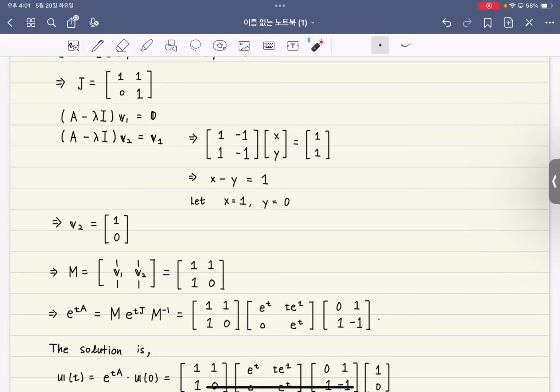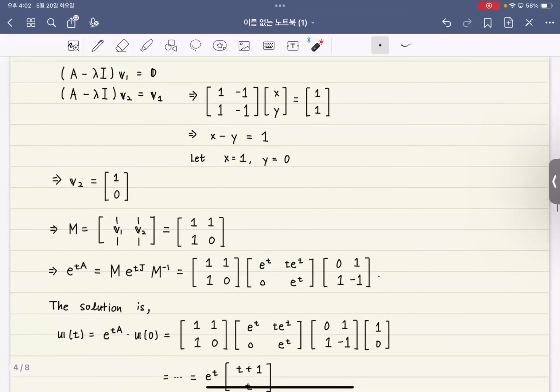So probably this is the hardest problem that you can ever find in your final exam regarding the Jordan basis. Maybe there can be problems of determining a Jordan form of a 4x4 matrix, but you are not asked to find the Jordan basis of a 4x4 matrix. So in terms of the Jordan basis, this is what you're going to do, and I believe this is a doable computation. Anyway, this is the matrix exponential.